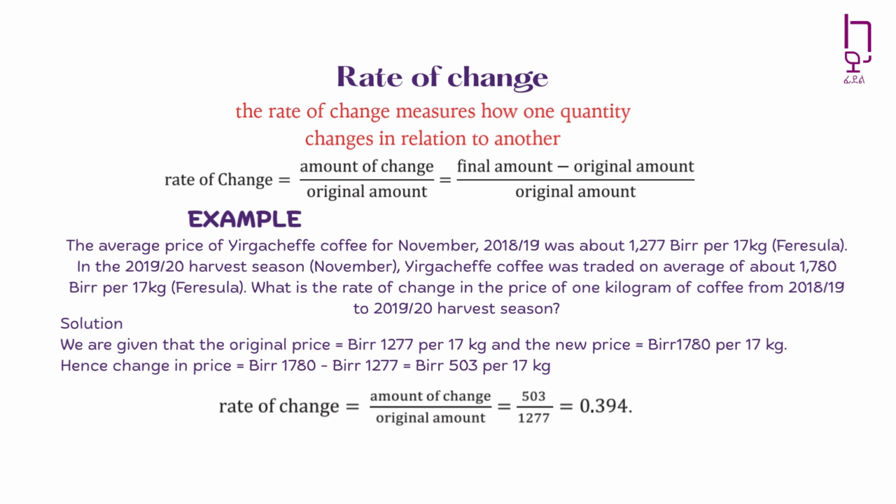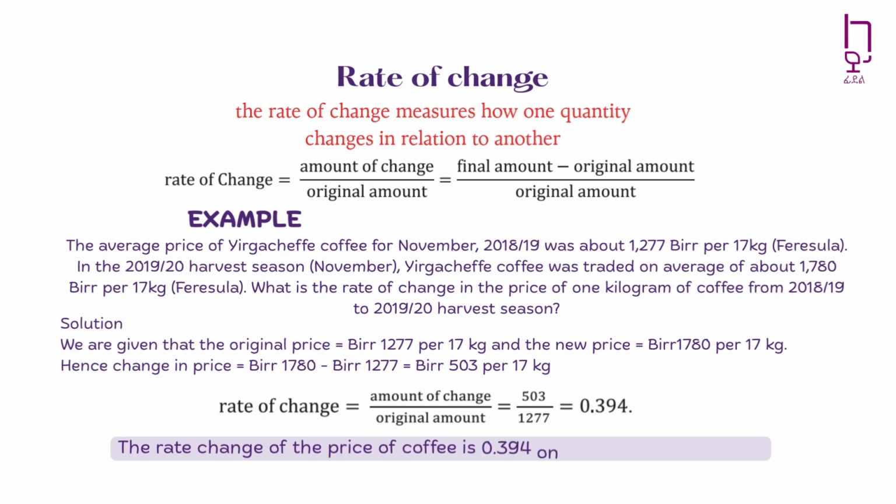So that divided by the original amount, which was 1,277. So when you divide that, you get 0.394. And this is equivalent to around 39%. So this is how you calculate rate of change. So remember, rate of change, you take the final amount minus the original amount divided by the original amount.